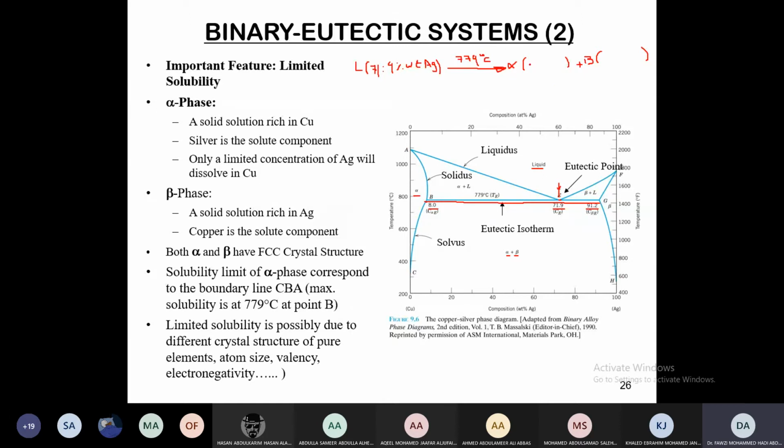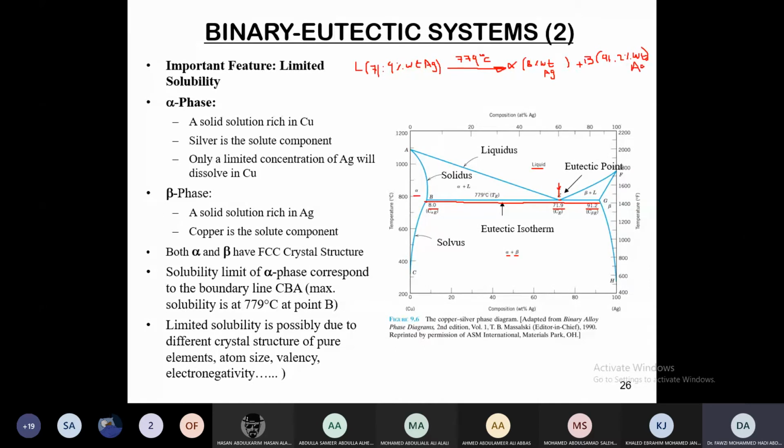So alpha has a composition of 8% by weight silver, and the beta has 91.2% by weight, again silver.